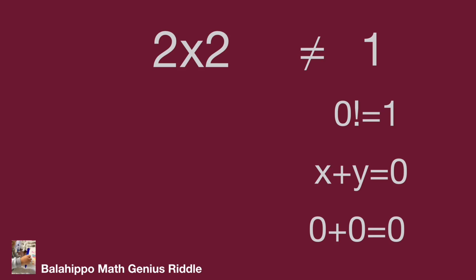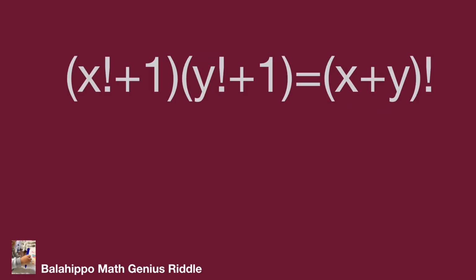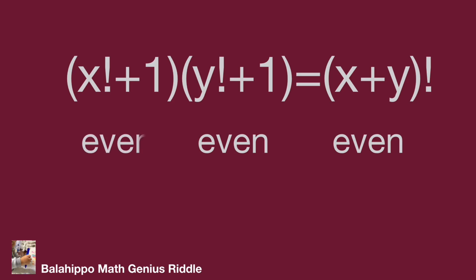From the above exercise, (x plus y) factorial is not an odd number, it is an even number. While (x plus y) factorial is an even number, there are two conditions: (y factorial plus 1) is an even number and (x factorial plus 1) is an even number, or (y factorial plus 1) is an odd number and (x factorial plus 1) is an even number.